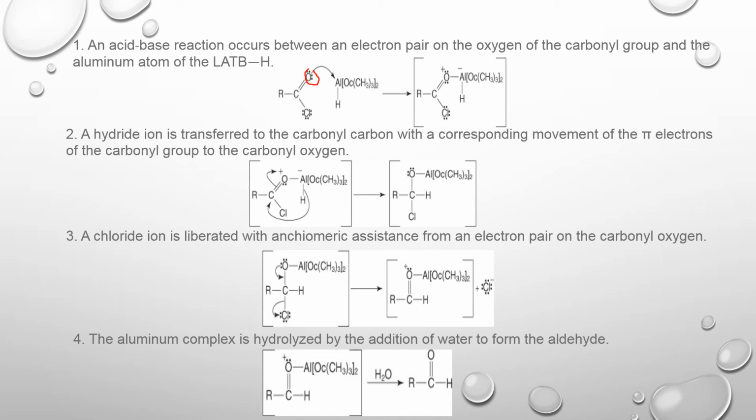Then chloride ion is liberated from the carbonyl carbon of this acyl chloride, and in the last stage the aluminum complex is hydrolyzed by the addition of water to form aldehyde.